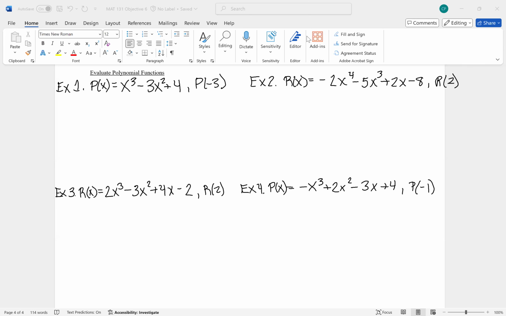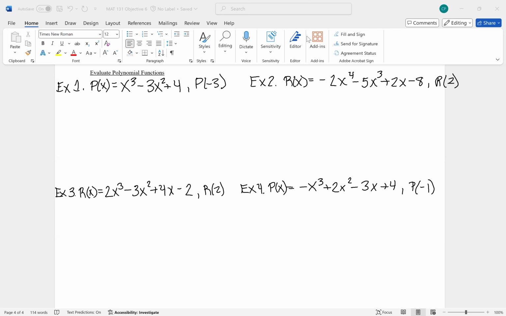All right, so let's look at how to evaluate polynomial functions, all right? We have evaluated before, so this should be familiar. Again, I said this is a recap, but whenever we evaluate, we basically have a function and a value that is given that we have to plug in and simplify, okay?